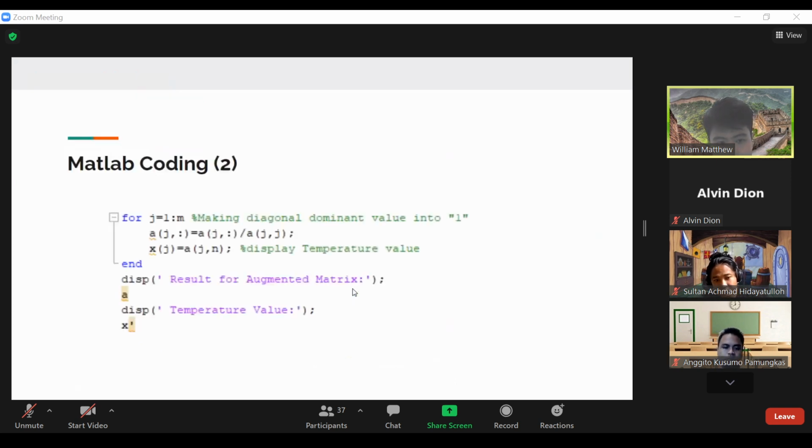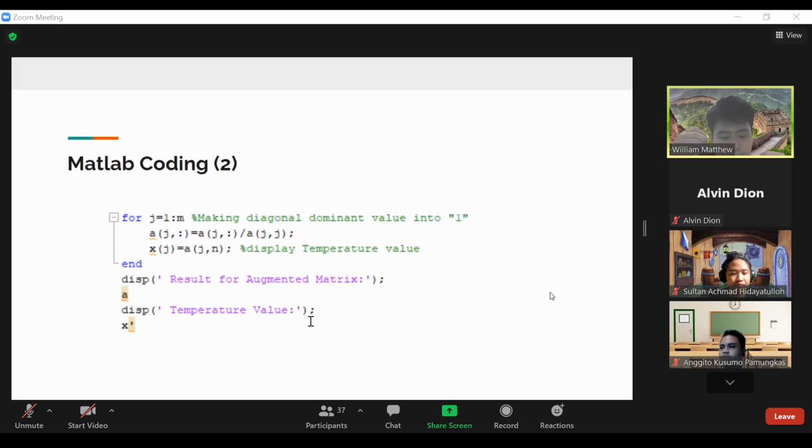Okay, next. This is the last part of the coding, which makes the diagonal dominant value into 1. To make it an identity matrix, the value has to be divided by its own value.